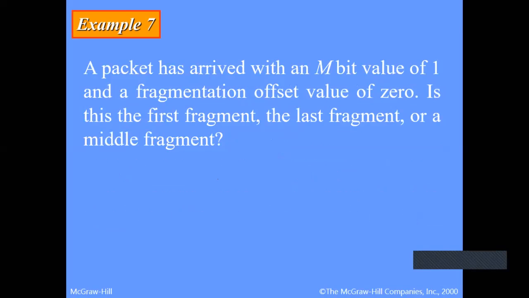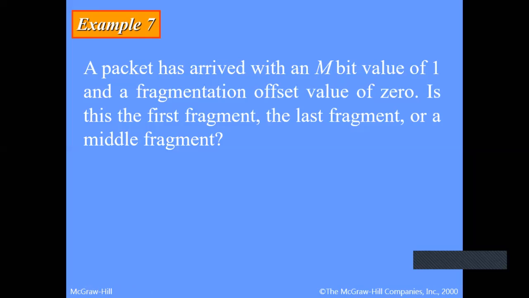Clear? The next question is, a packet has arrived with an M bit value of 1 and a fragmentation offset value of 0. Is this the first fragment or the last fragment? We have one piece of information here, the fragmentation offset value, which is 0. Fragmentation offset value is calculated by dividing the first byte position by 8, which equals 0.